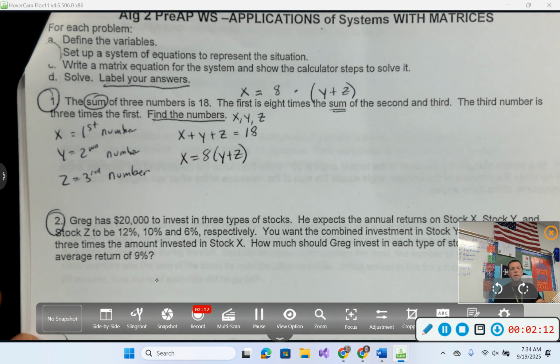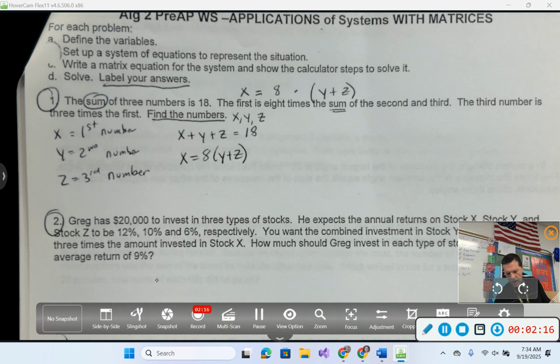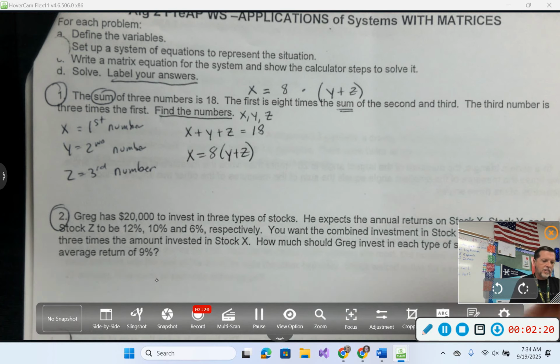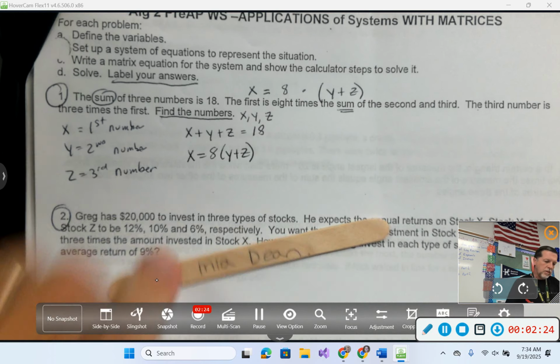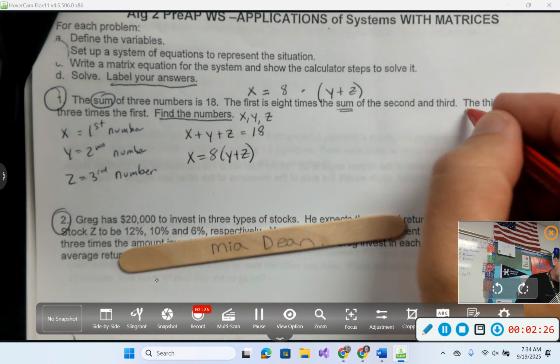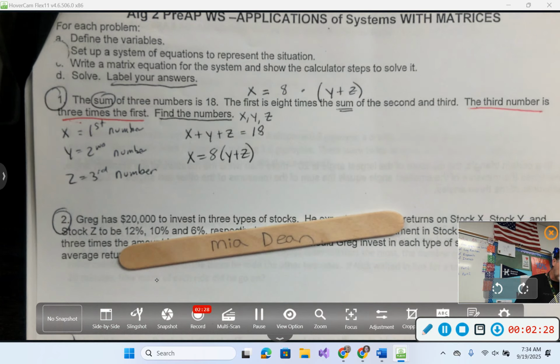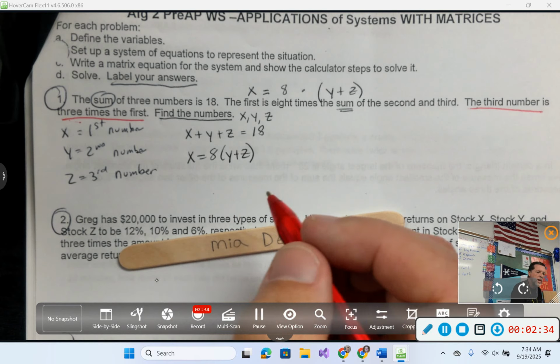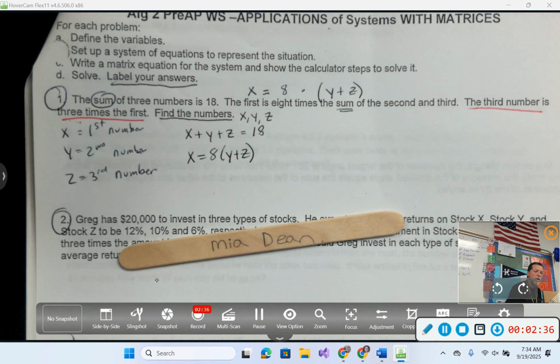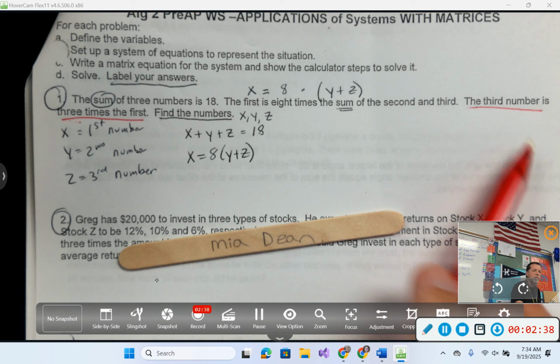And the third number is 3 times the first. So how can I translate that? The third number is 3 times the first. How do I write that as an equation? Wait, just this last statement.